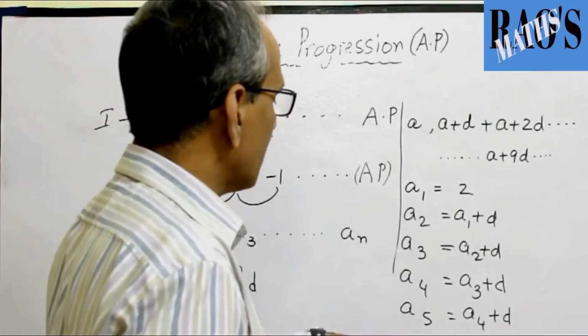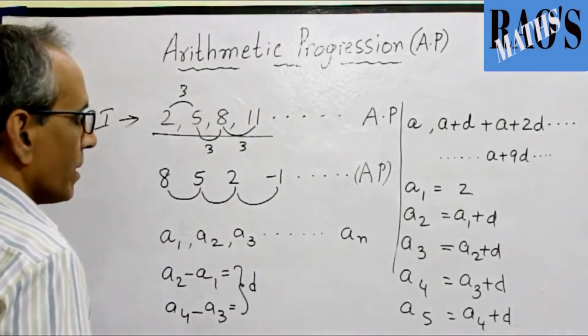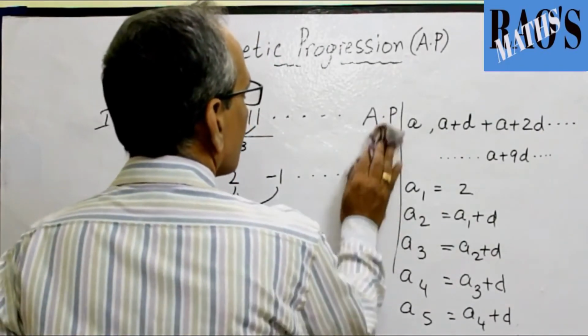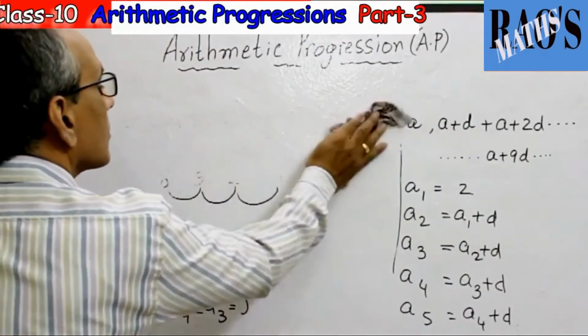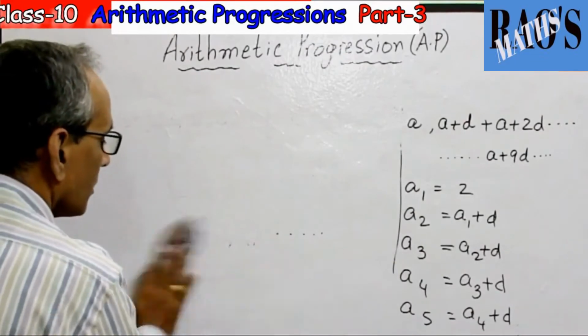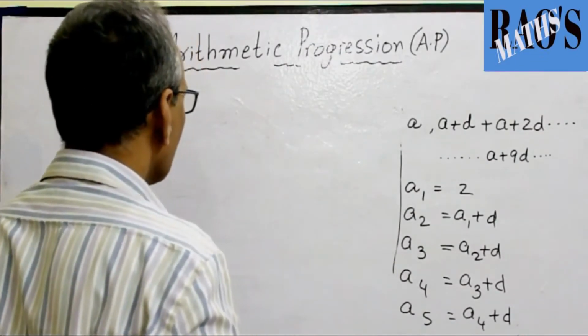So in terms of this, if I write the series of any AP, the general rule is: here I write the AP.